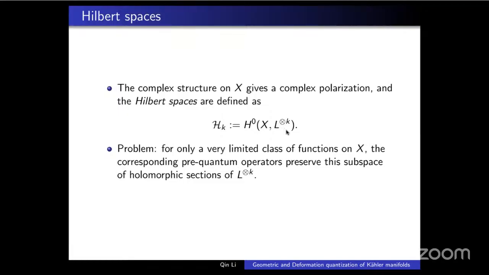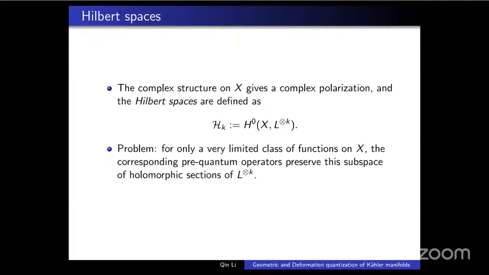And this is the HK. Now, you might wonder why you pick this. You need this polarization. Roughly, you want canonical quantization and also the basic examples of canonical quantization and Bargmann-Fock quantization to fit in this picture.